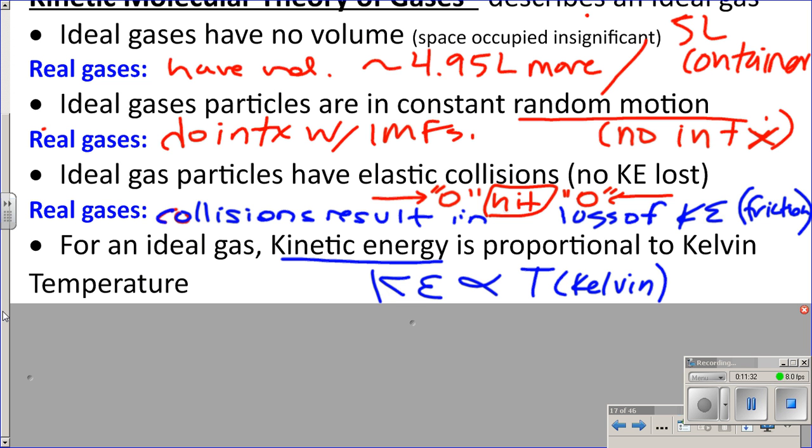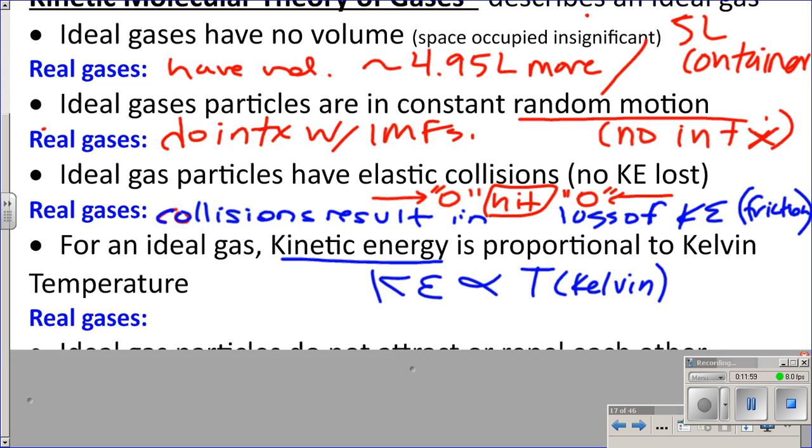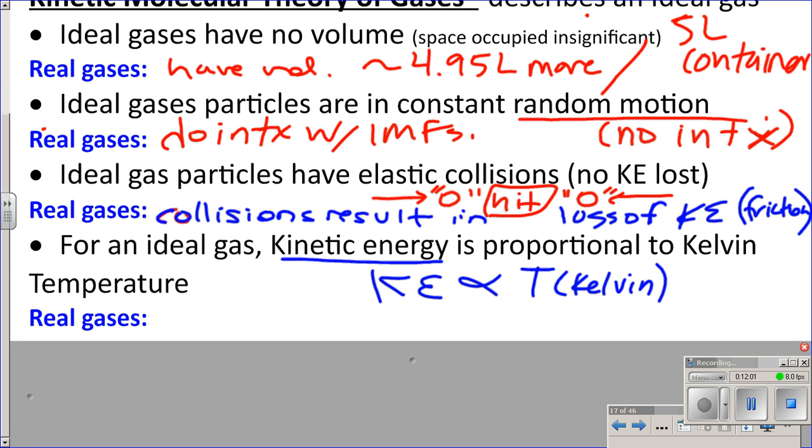True or false? Did we talk about that last week? Yeah, we talked about energy. If you heat up something, the molecules move faster. If you heat them up like in a microwave, they're bouncing around, vibrating like water molecules. So this is always true. I don't care if it's a real gas, fake gas, pseudo-ideal gas, whatever.